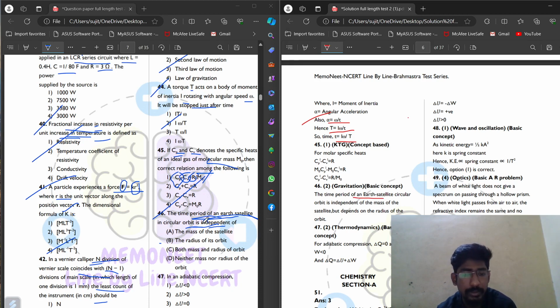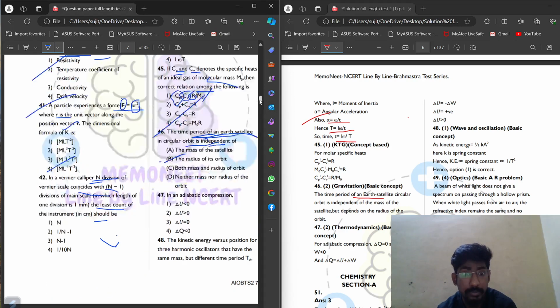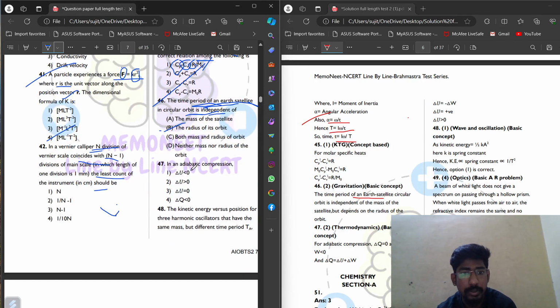So therefore I think option 2 is incorrect, because it doesn't depend on the radius of the orbit. It depends on the radius of earth, not on the radius of the orbit, right? So therefore option number 2 is incorrect.